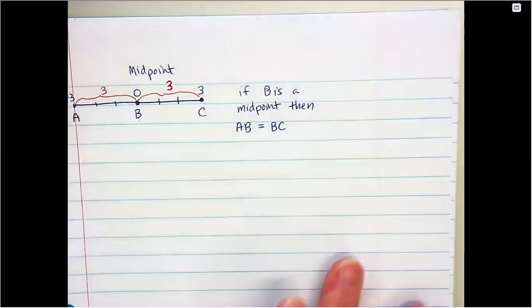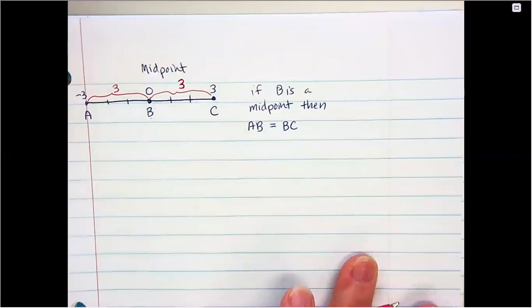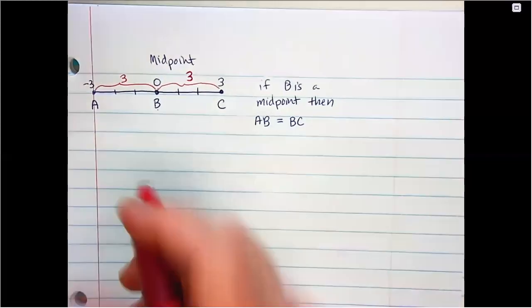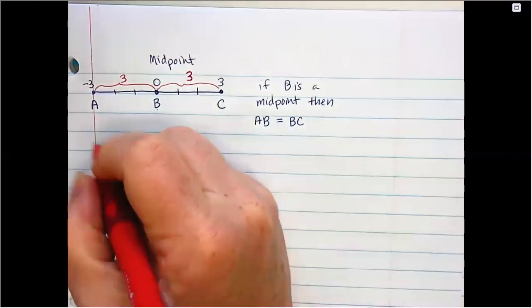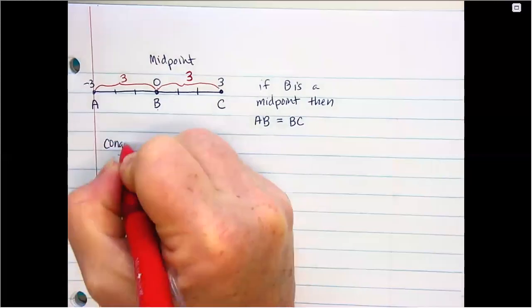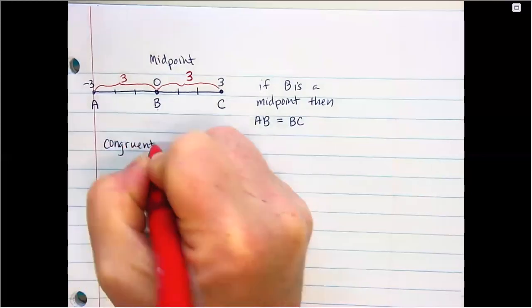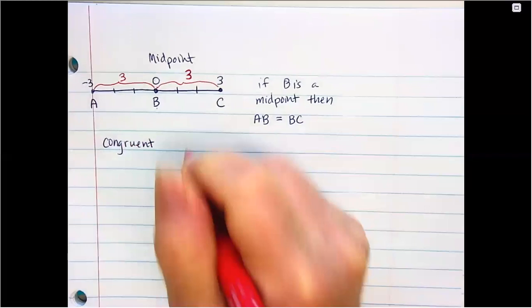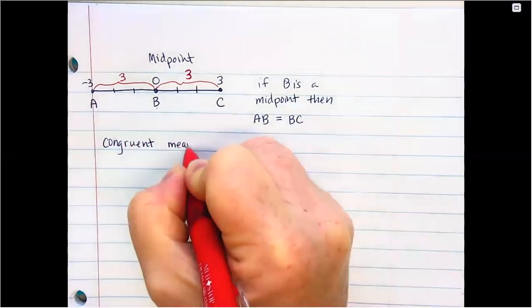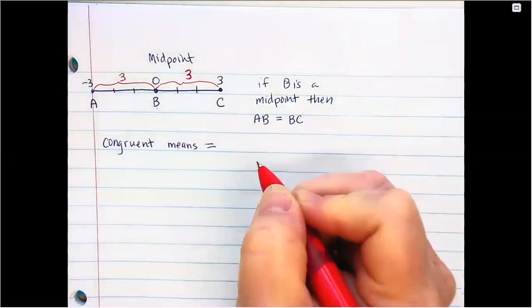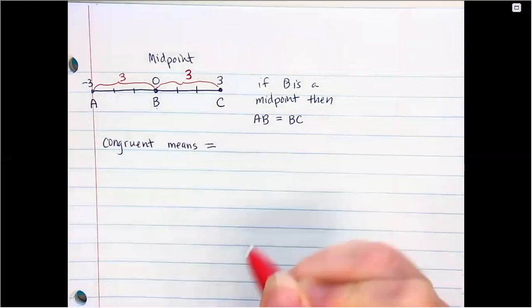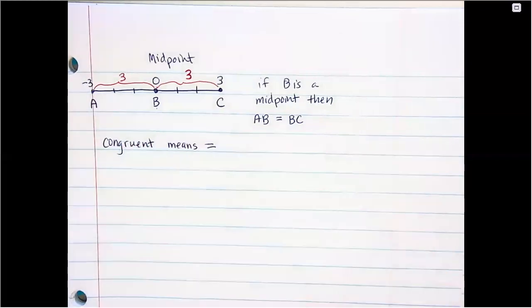Okay. And there's a term that we have in geometry that's called congruent. Some of you may have heard this term before. Congruent simply means equal. But congruent means more than just equal. It means equal on every aspect.